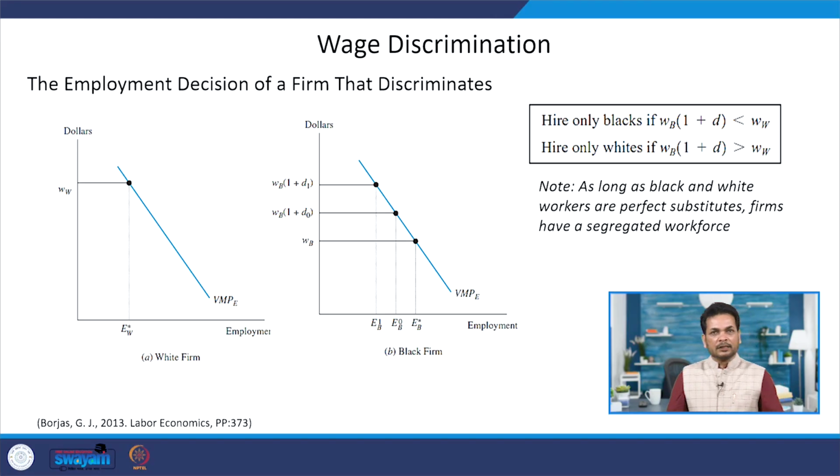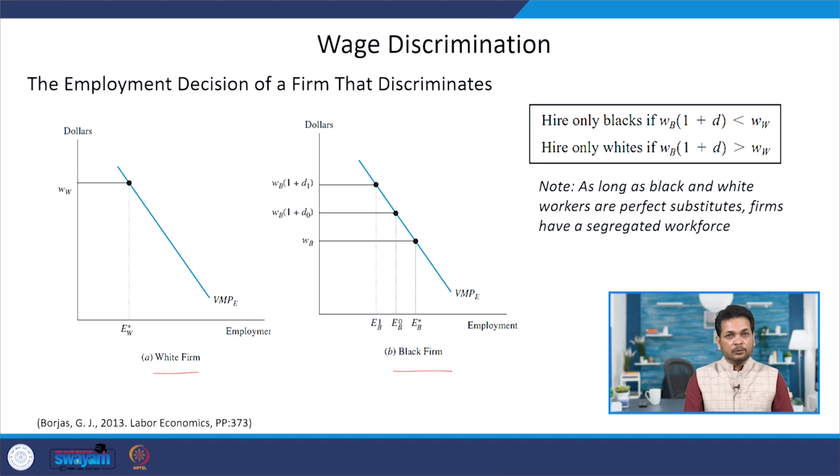If you remember, we discussed this graph: there are two types of firms in the market, those who discriminate between black and white workers. So, some are white firms and some are black firms.